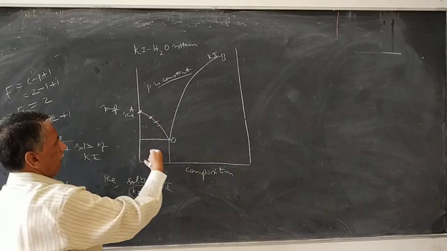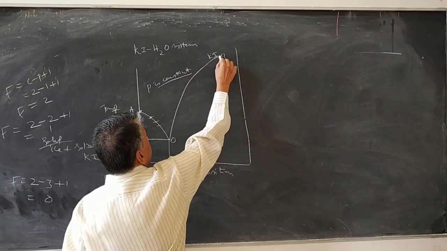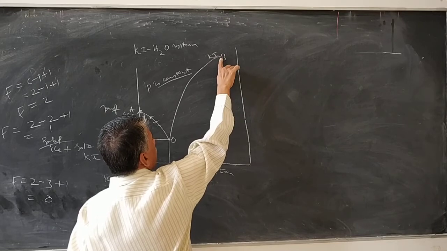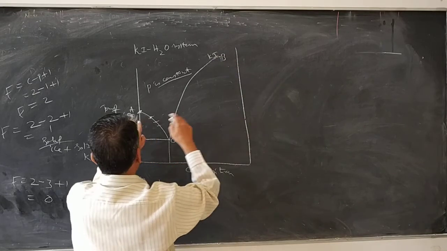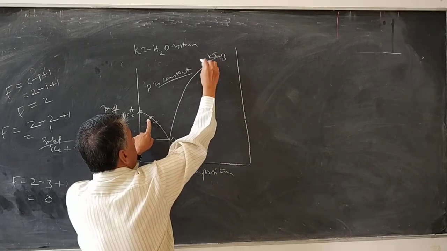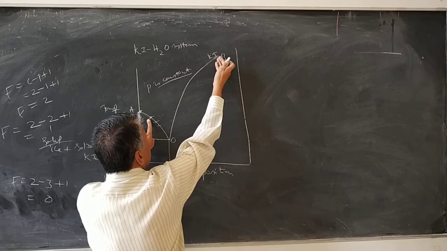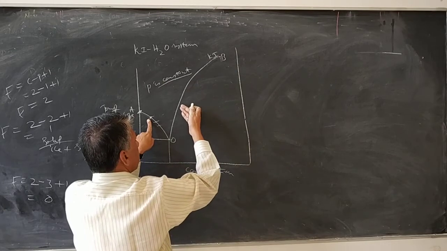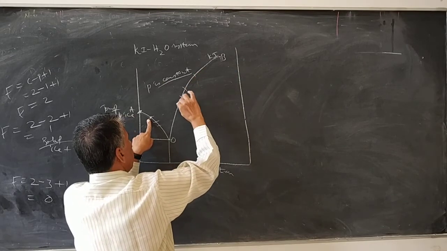Similarly, you can also explain this curve. This is the pure melting point of potassium iodide. It's only one phase. Now we are adding ice here. If you add ice to this potassium iodide, the temperature will start to decrease. And you select any point on this curve.